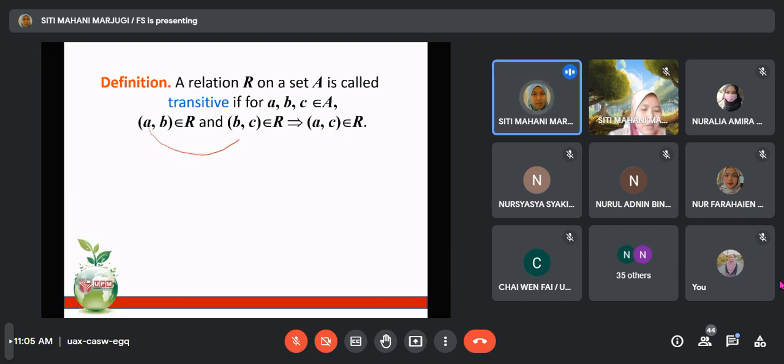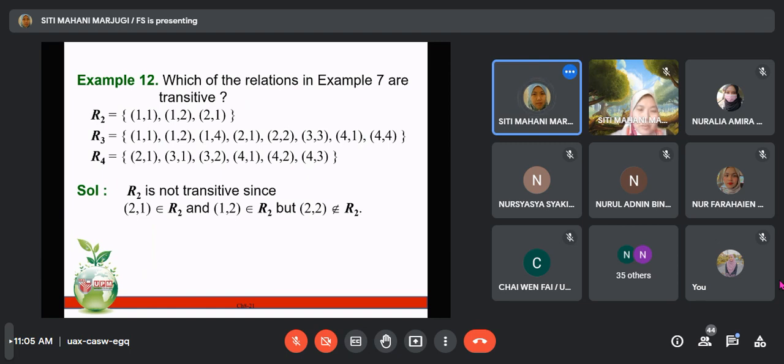If we have a transitive relation, the result will be (a, c), an element of the relation. Okay, for example, I give you the example here.